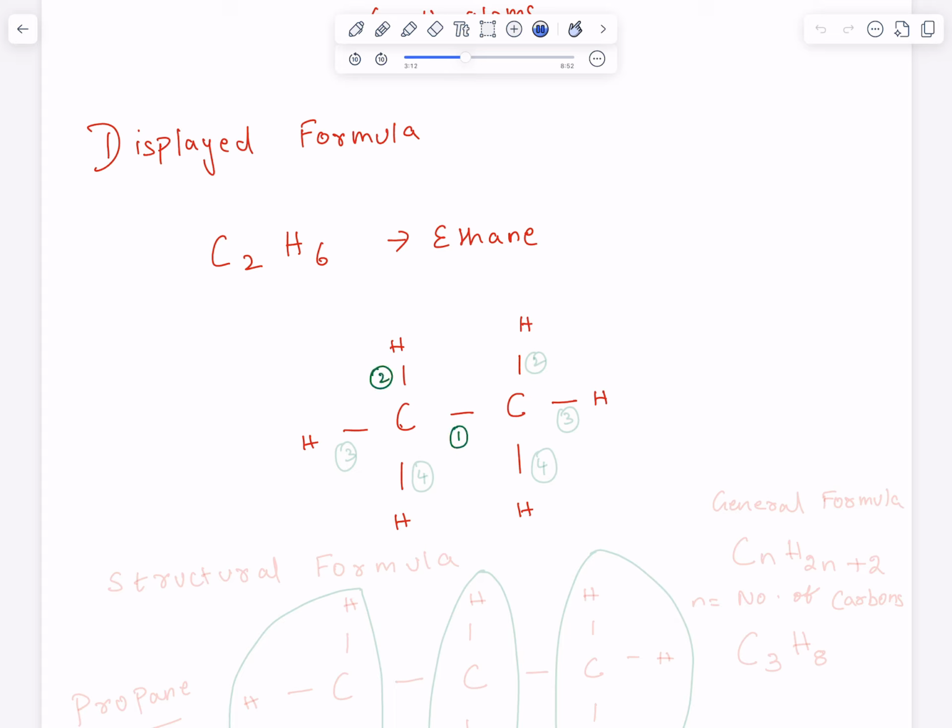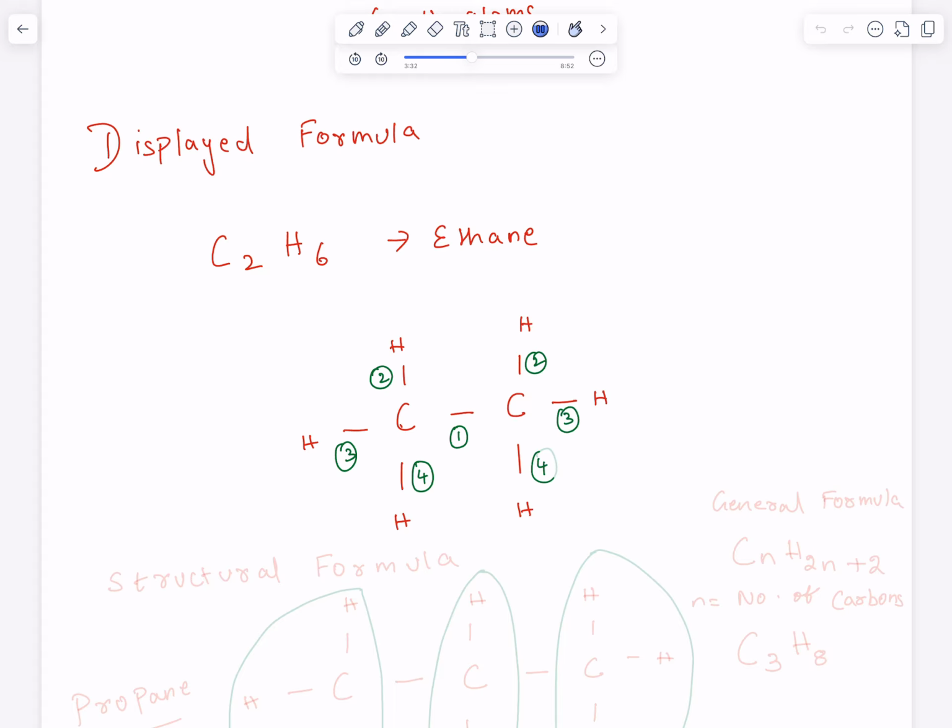If you're new to drawing displayed formulae, it is always better to count the number of bonds your carbon has. It cannot exceed 4 bonds for each carbon atom.